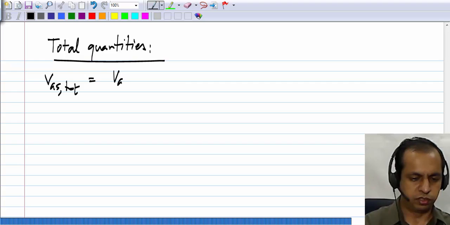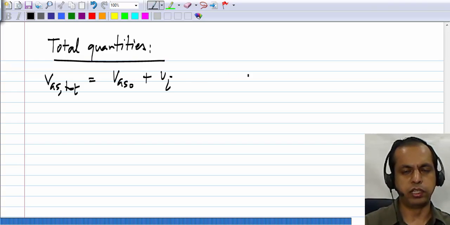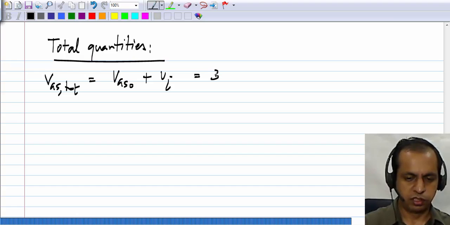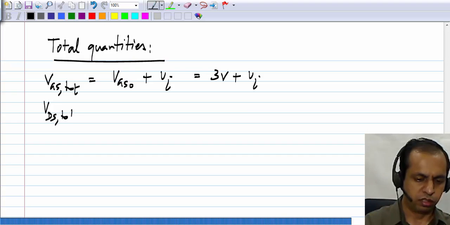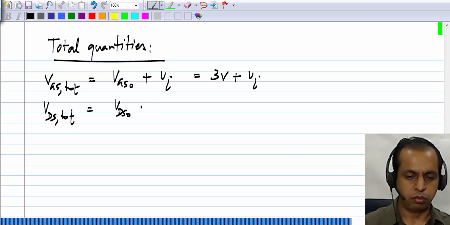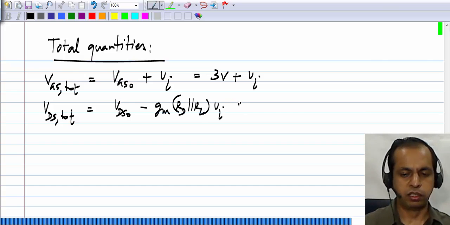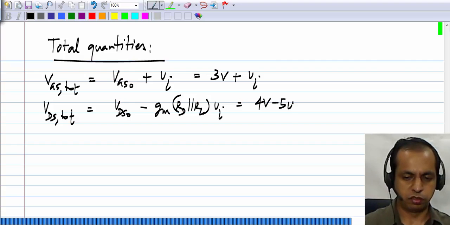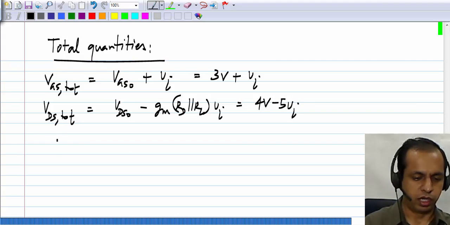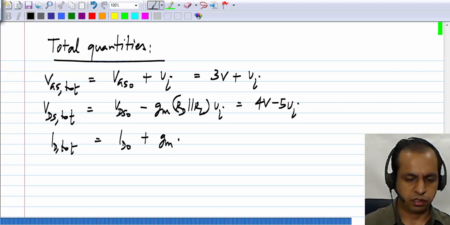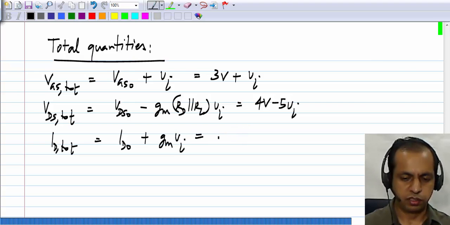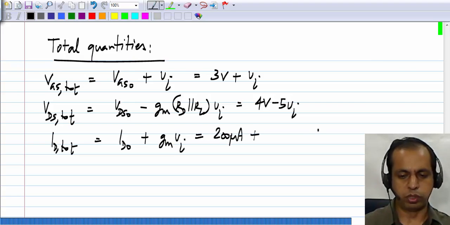VGS total is VGS 0 plus Vi in this particular circuit, which is 3 volts plus Vi, and VDS total is VDS 0 minus GM RD parallel RL times Vi, which is 4 volts minus 5 Vi, and the total drain current is ID 0 plus GM Vi, which is 200 microamperes plus 200 microsiemens times Vi.